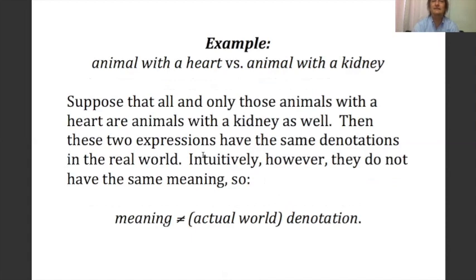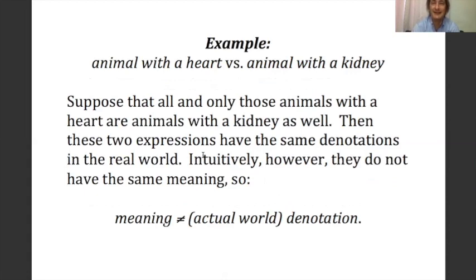Consider the two phrases, "animal with a heart" and "animal with a kidney." Now, I don't know if it's true or not, but just suppose, for the sake of argument, that the only animals that have a heart are animals with a kidney, and the only animals with a kidney are animals that have a heart. If that's true, then these two expressions have the same denotation in the actual world.